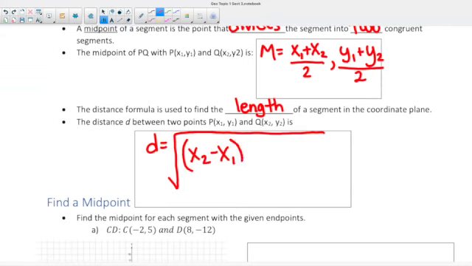So put it in parentheses. We're going to square it. That's like the a squared piece, plus y2 minus y1 squared. That's the distance formula. And that is the distance between P and Q.